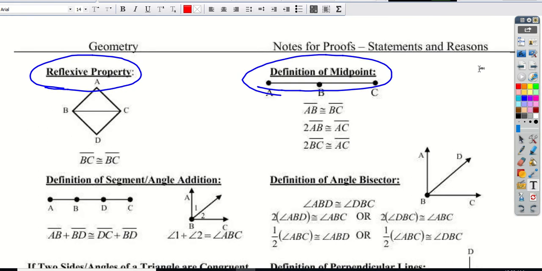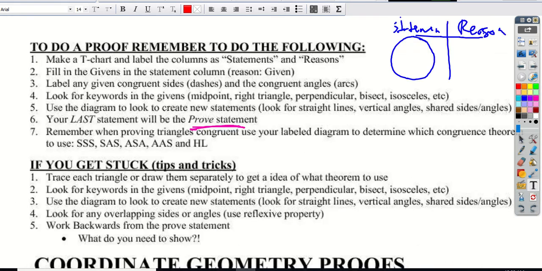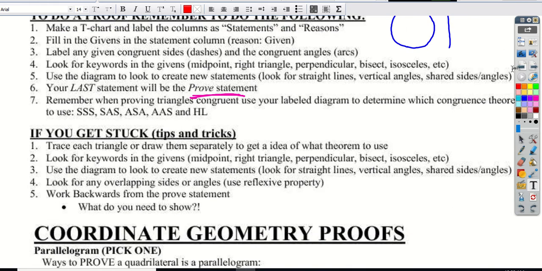Based off of what we know about proofs, which right now is limited, but we'll get there. Okay, we've already done steps 1 and 2. We made a T-chart, we labeled the top statements, we labeled the other column reasons. We put down the givens from our proof, which is what we started with from the question. We put down the reason given.